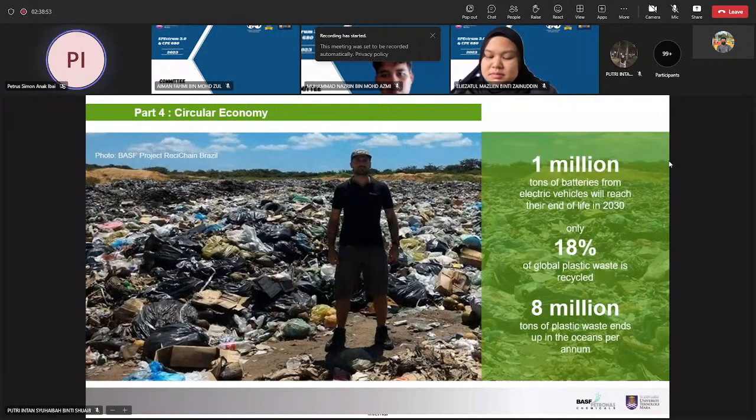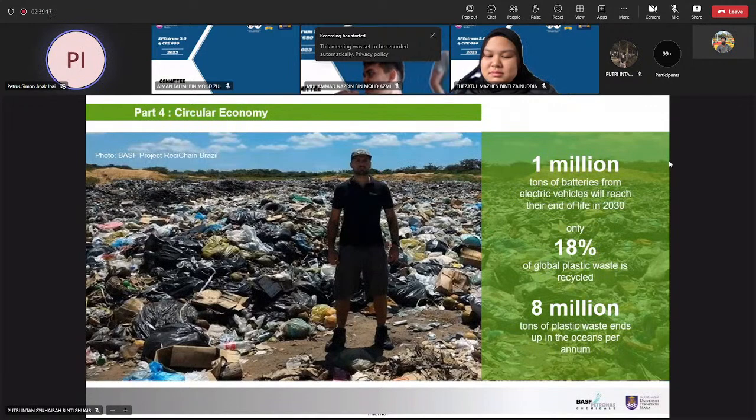So this is one of the photos from our BASF project Resicen in Brazil. As you can see in this photo, this is one of our staff, who is also involved in the sustainability program. 1 million tons of batteries from electric vehicles will reach their end of life in 2030.